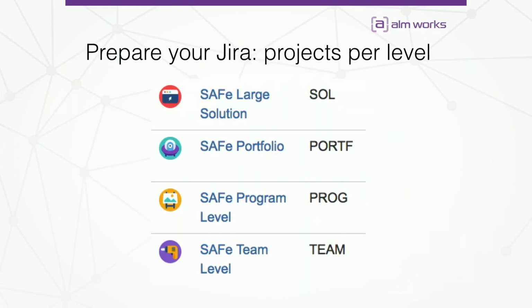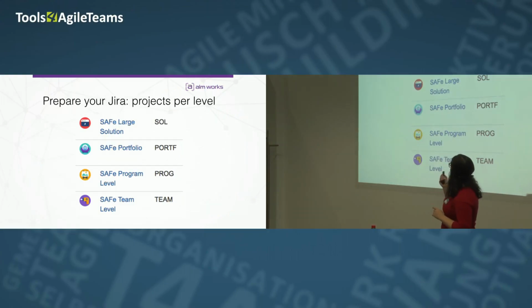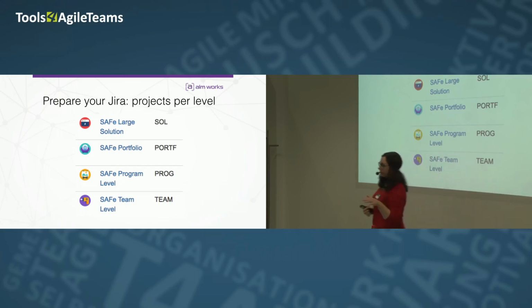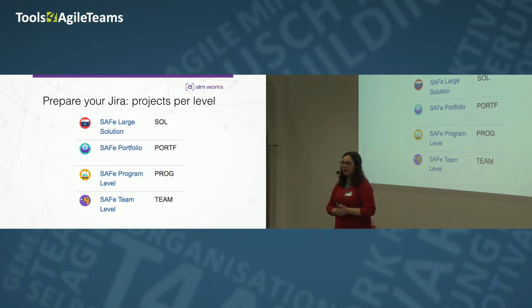So we would like to show how we think people should do SAFe in our plugin, in Jira. First of all, let's start with some preparation inside Jira itself. There are several levels in the Scaled Agile picture, and we suggest our customers create a separate project per level. Create one project for the portfolio level, another for the large solution level, another for program, and separate projects for each team, however many teams you have.